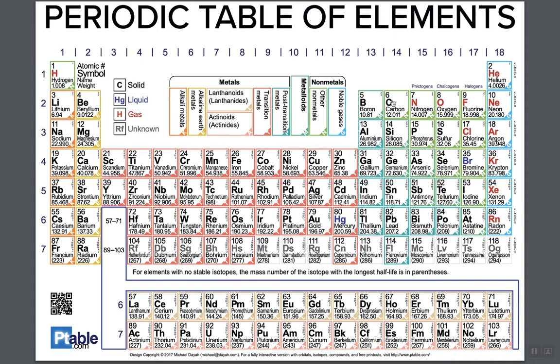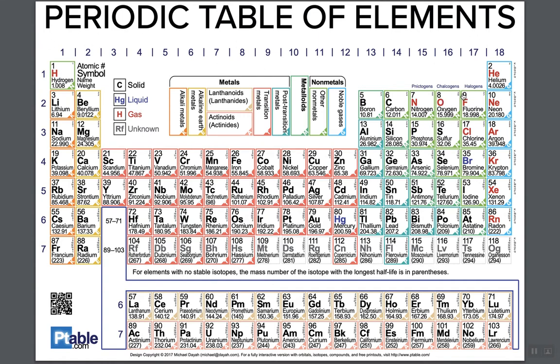Carbon is the top of the carbon family, or group 4A. Carbon, silicon, germanium, etc. Those have 4 valence electrons. Nitrogen is group 5A. Those have 5 valence electrons. Oxygen, group 6A, 6 valence electrons.